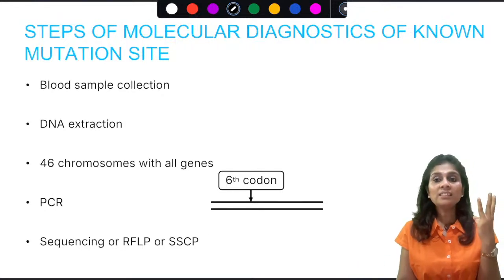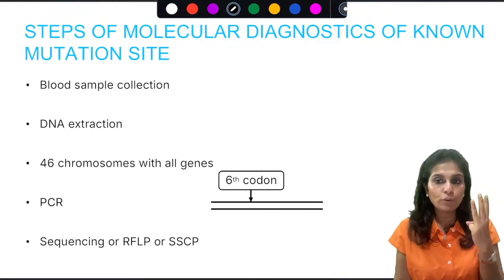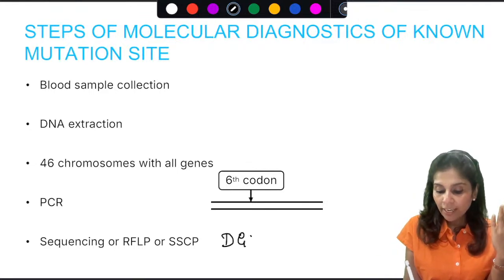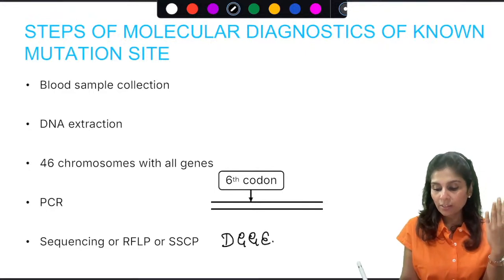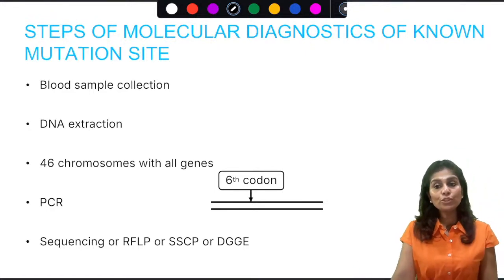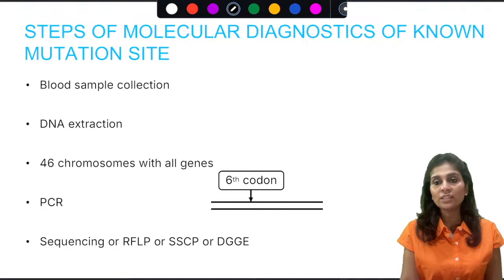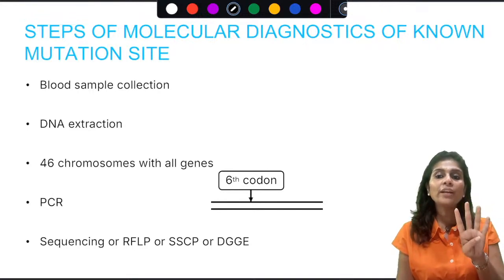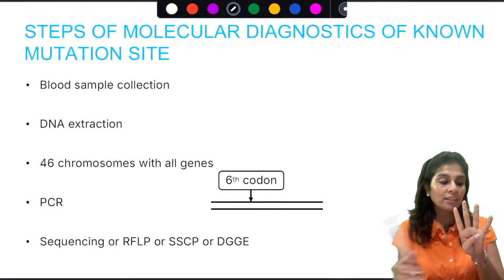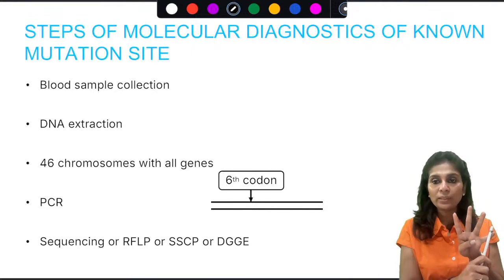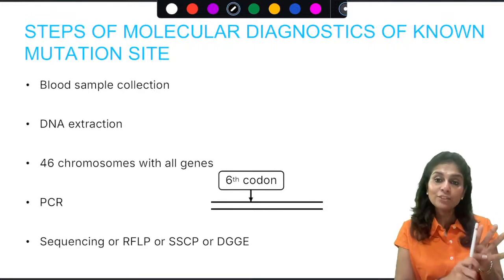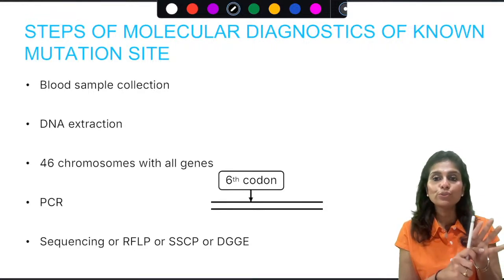The fourth one is denaturing gradient gel electrophoresis. So after PCR, what are the four choices you have to find out whether it is normal or mutated? Straightforward answer is sequencing. But we have RFLP, single-stranded conformation polymorphism, and denaturing gradient gel electrophoresis.